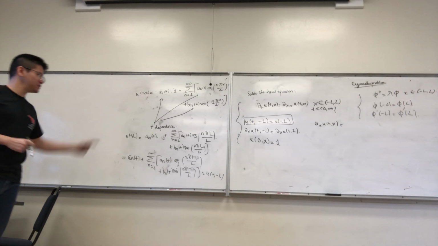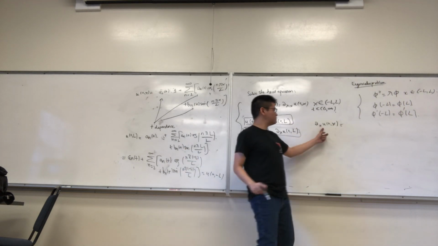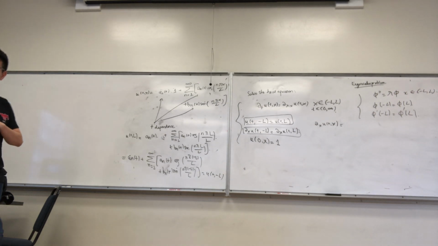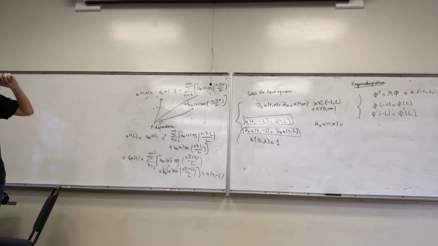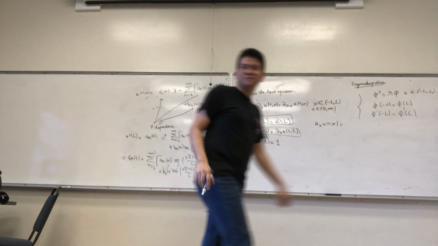I'm checking the second boundary condition, which is this one. In order to check this, I want to compute the derivative in x of this series. What is it? Yes? The series from n equals 1 to infinity of n pi over L an(t) cosine of n pi x over L.